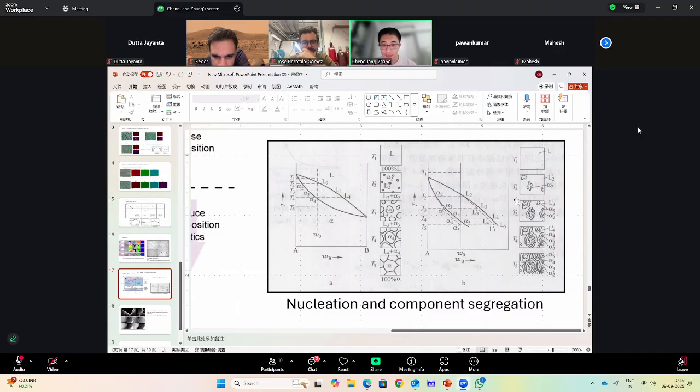So actually, you might see the left one is the equilibrium solidification process, and the right one is the non-equilibrium solidification process. If you cool down your sample in the non-equilibrium solidification process, then component segregation happens inside of your matrix.